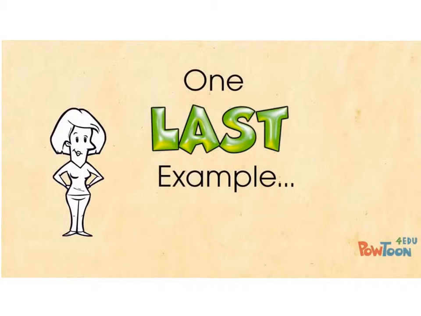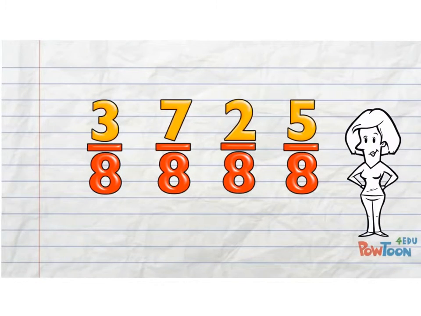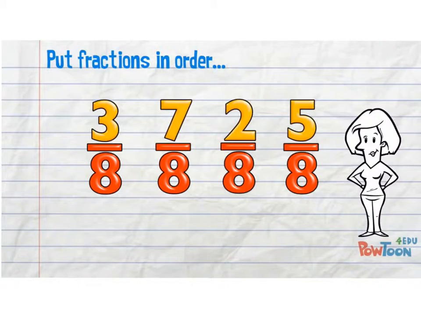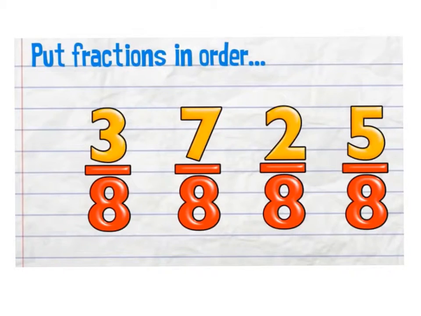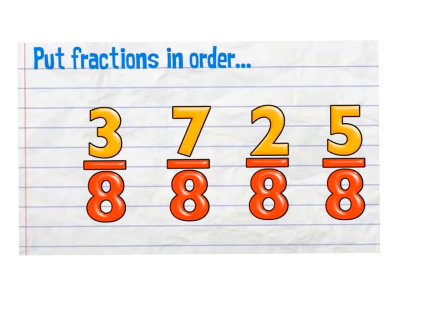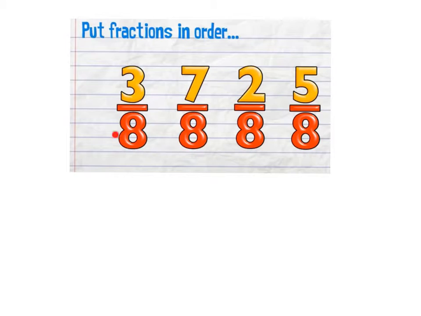We'll have one last example, then it's your turn. We're going to put this group of 4 fractions in order from greatest to least. So how do we do this? Well, because they have the same denominator, the bottom number, remember, denominator is the bottom number. Numerators are the top.